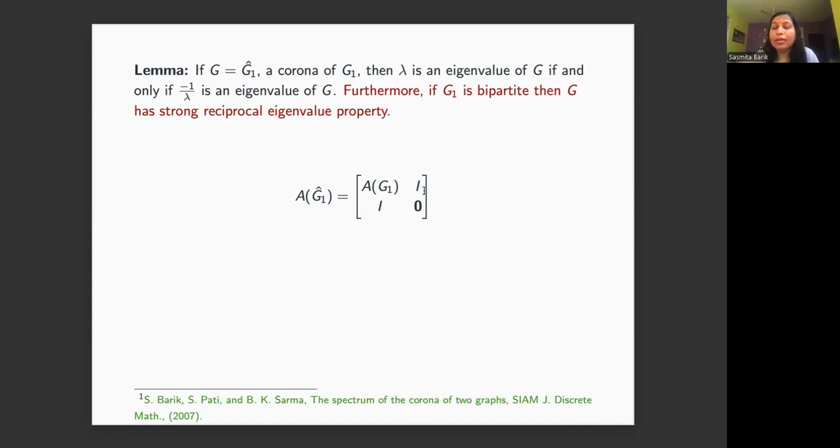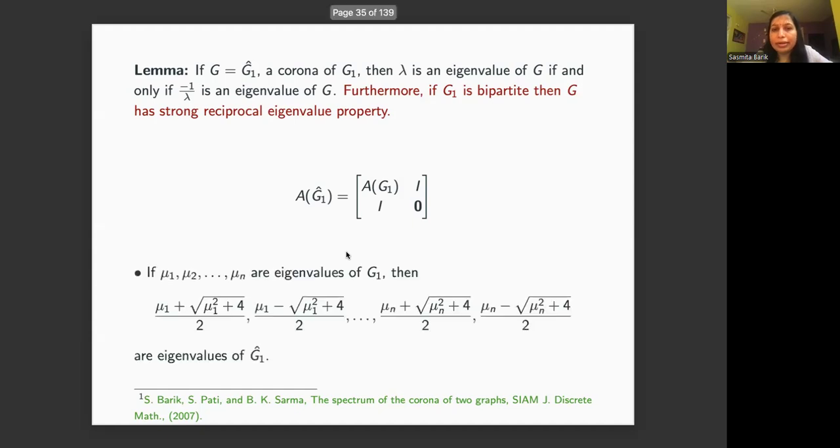Then its transpose is here, that is the identity, and between the pendants there is no connection, so you get 0 here. So this simple adjacency matrix comes, and for this we can check eigenvectors and go for eigenvalues.